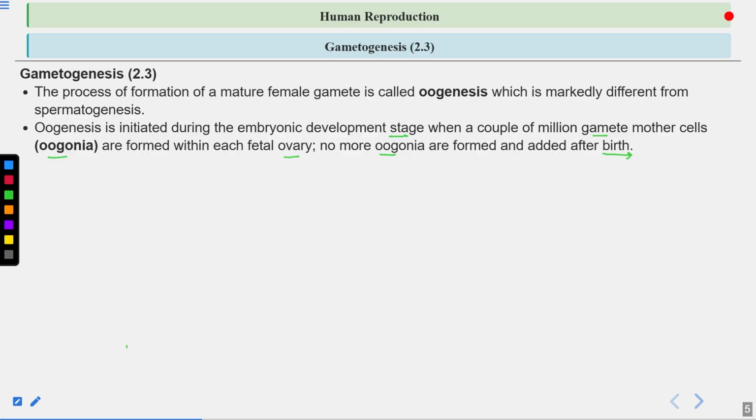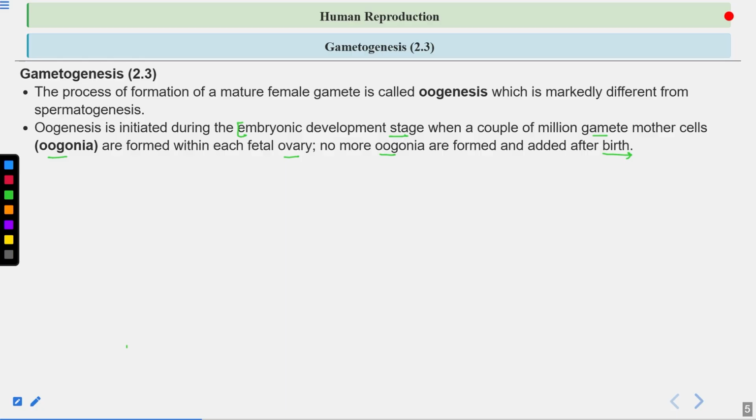Oogenesis means egg formation. In females, oogenesis is initiated during the embryonic stage, during the fetal stage, and the oogonia are formed in the fetal ovary.